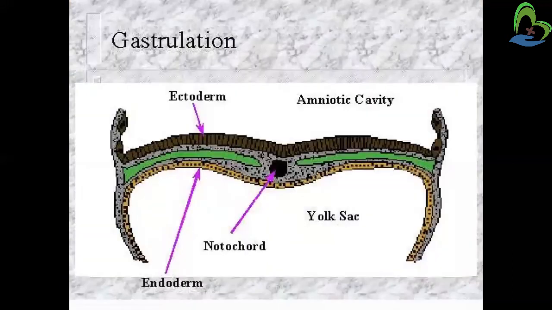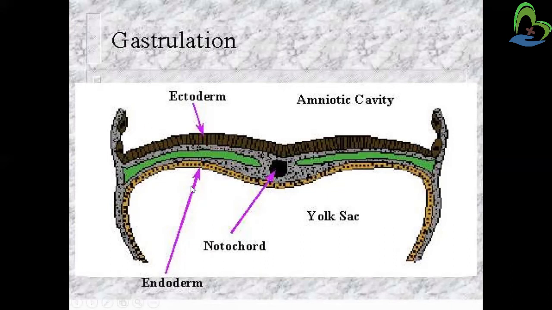Next is gastrulation. We already discussed it in the previous session. Gastrulation is the developmental process of an animal. How it develops is shown in the figure. We already discussed the three germ layers: the ectoderm, endoderm, and mesoderm.